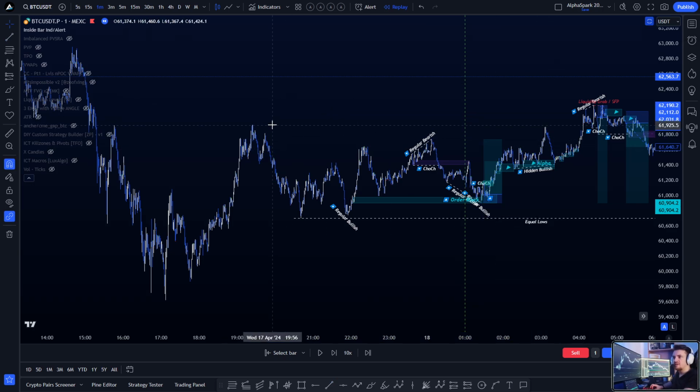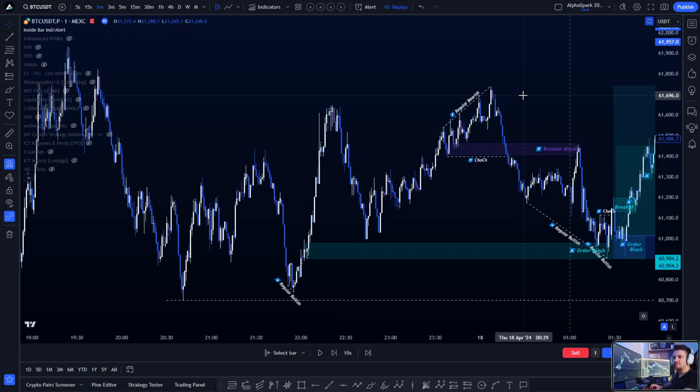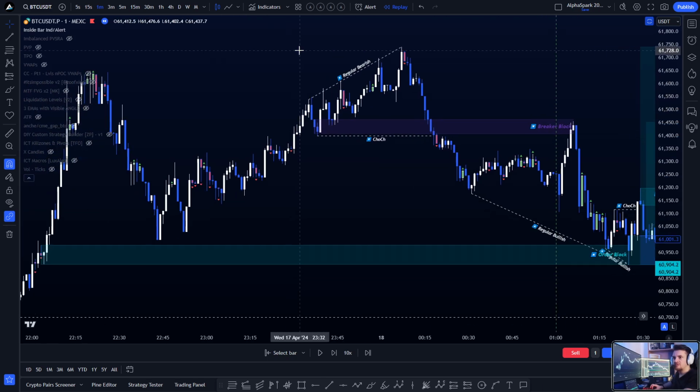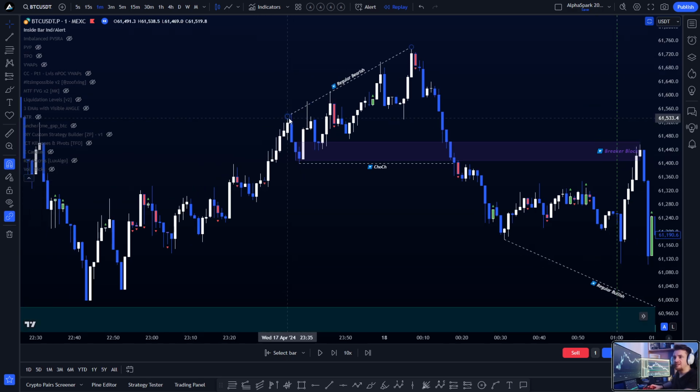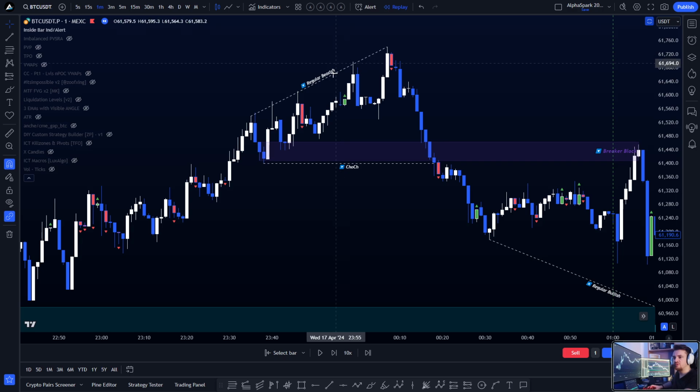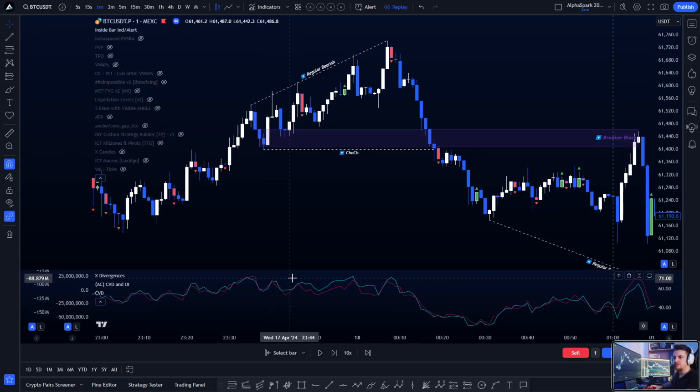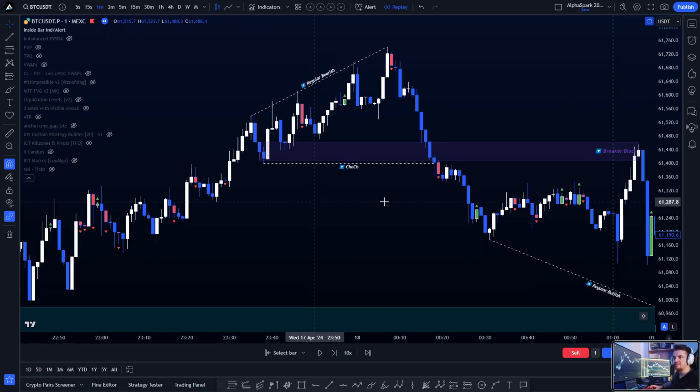So just before we started, we had 5 hits to a high here. In between all of them was creating a regular bearish div.